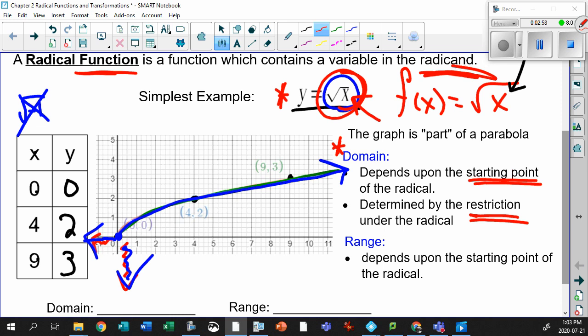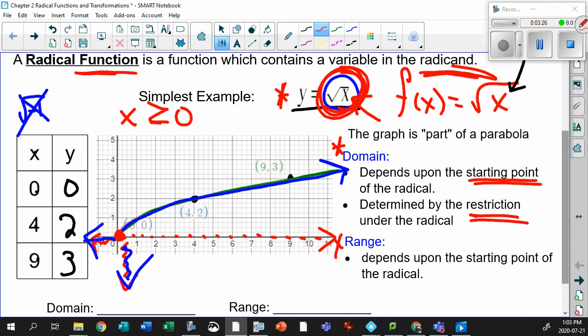So probably the easiest way to look at it is looking underneath the radical. Whatever is underneath this radical, in this case x, just say, oh, x can't be negative, but it can equal 0. So just say x has got to be greater than or equal to 0. Look at that. All my values of x are, in fact, greater than or equal to 0. That's how you determine the restriction. That's how you determine the domain.